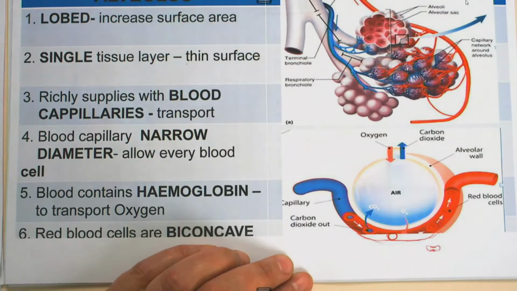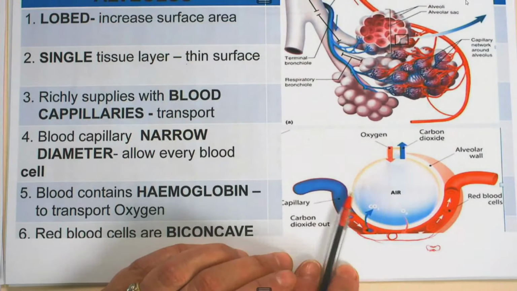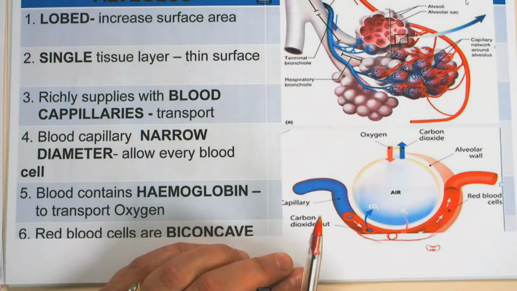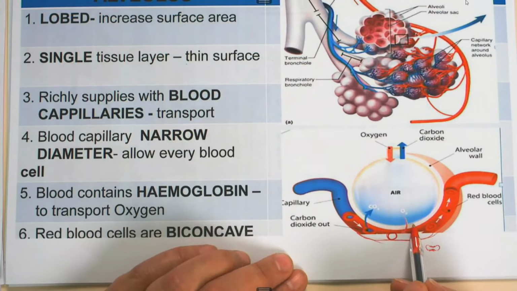I'll tell you now. But this is what it is showing here. And the size of this capillary is made in such a way that they're like soldiers standing upright like this, so that they can easily come and it's like a production line. It can get the oxygen, it can give back the CO2, and it can get the oxygen. And here is where our diffusion is taking place.